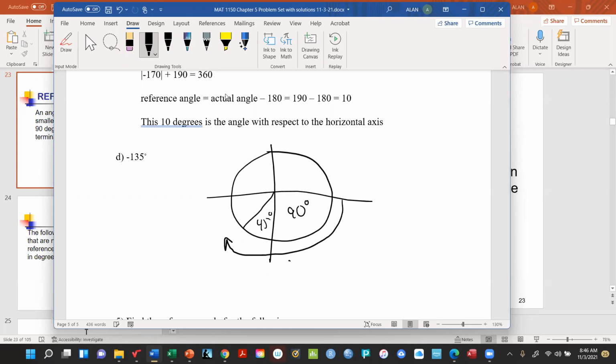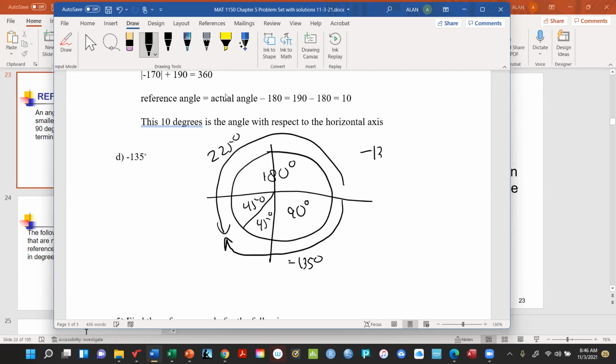All right, so they added to 135. So this is our negative 135, but it's usually easier to think of this as positive 225. Because you're going 180 degrees through the first two quadrants and then another 45 degrees here.